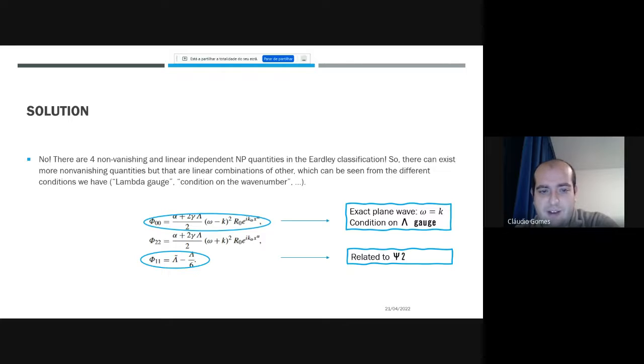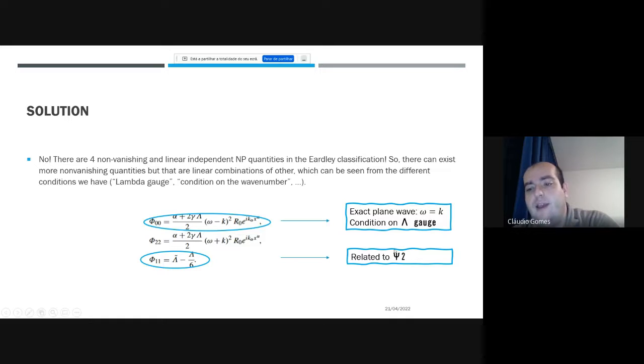Actually, it's not, right? So, firstly, for an exact plane wave, this term will be roughly 0, or nearly, it will be quite similar to 0. The phi 2 is related to the breathing mode, but this is related to psi 2.